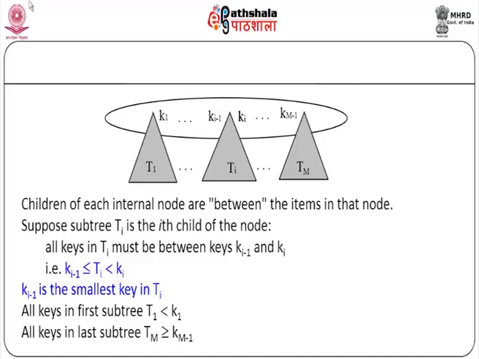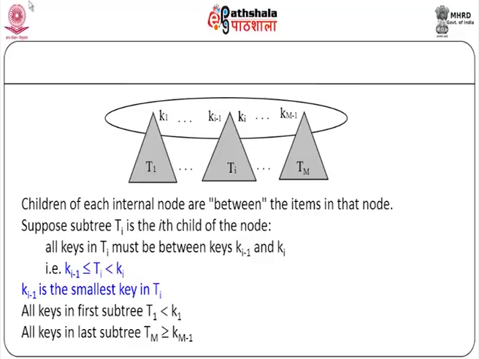That is, ki minus 1 is less than or equal to Ti is less than or equal to ki. And of course, all keys in the first subtree T1 are less than k1, and Tm is greater than km minus 1. So, this is the property.